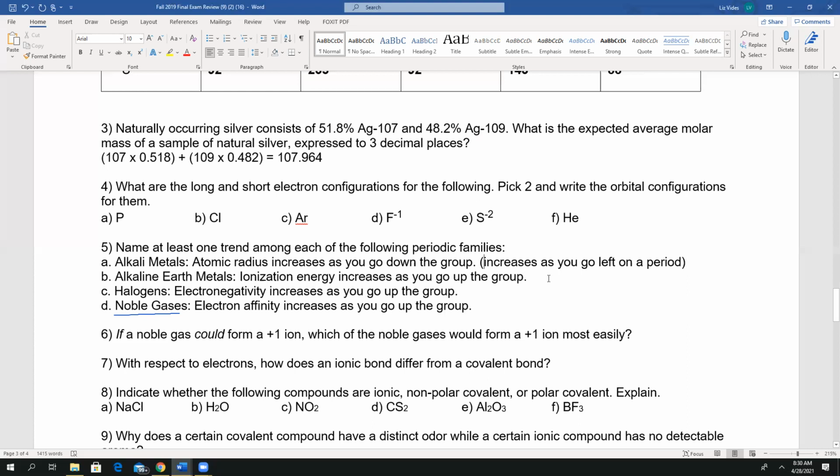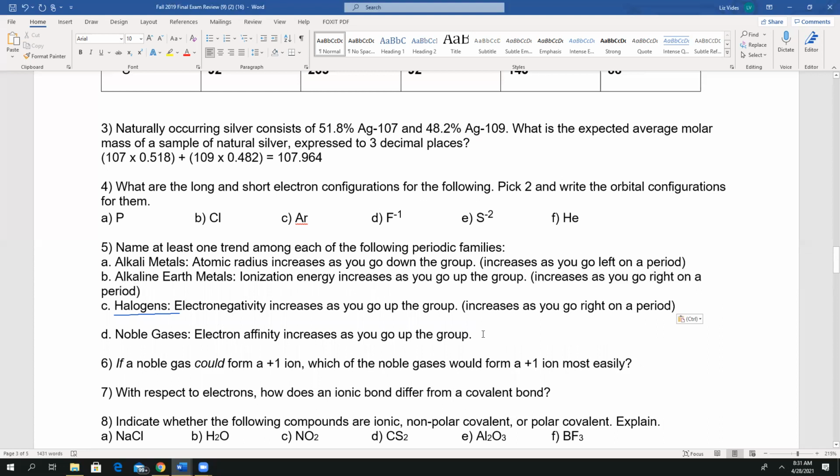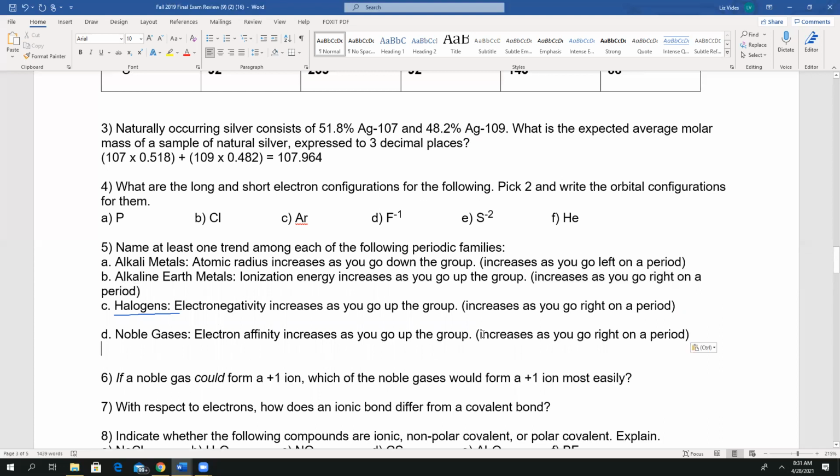And this one is just a side note because I wanted you to remember that. Or across a period, whatever. I don't care what you want to call it, but I'm going to copy this because it's the same for all of them after that. It makes life easier, doesn't it? So there you go. Those are your trends.